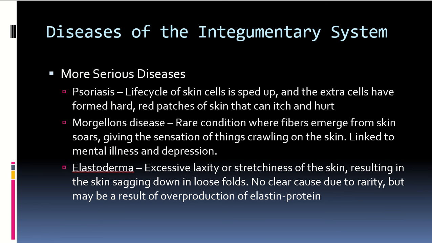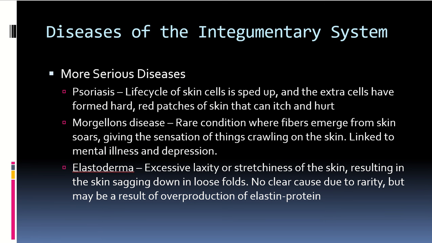Psoriasis, it's putting your skin cell life cycle on overdrive. So you're just constantly reproducing more and more skin cells, and the excess number of skin cells can just feel abnormal, itchy, and in some cases it can really hurt.